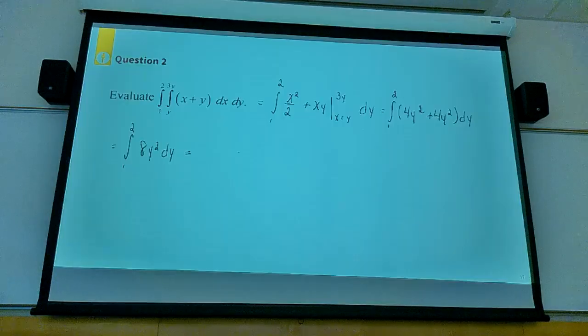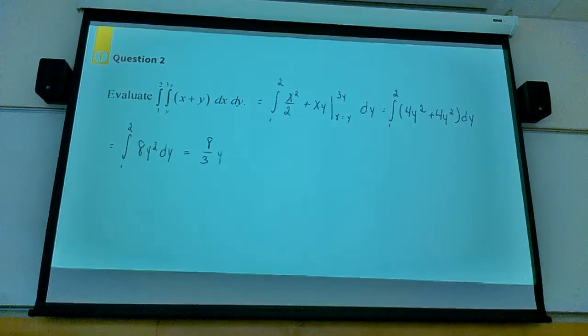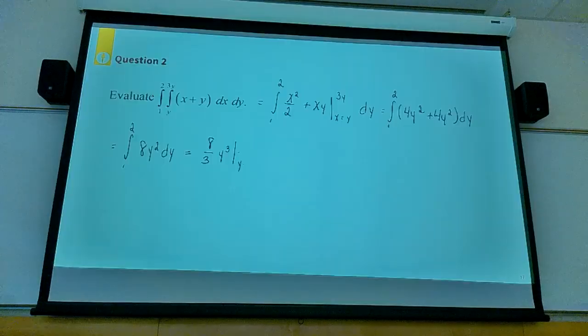Now we integrate with respect to y. What is our antiderivative? Two cubed. Something went wrong.